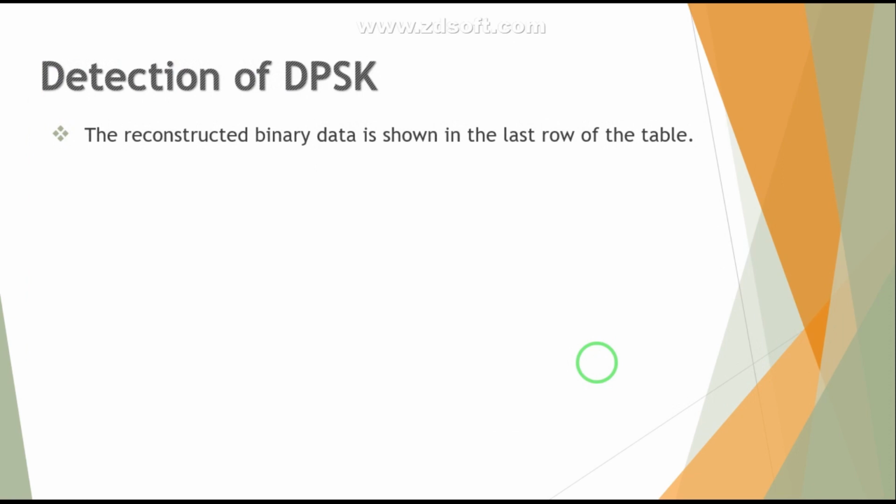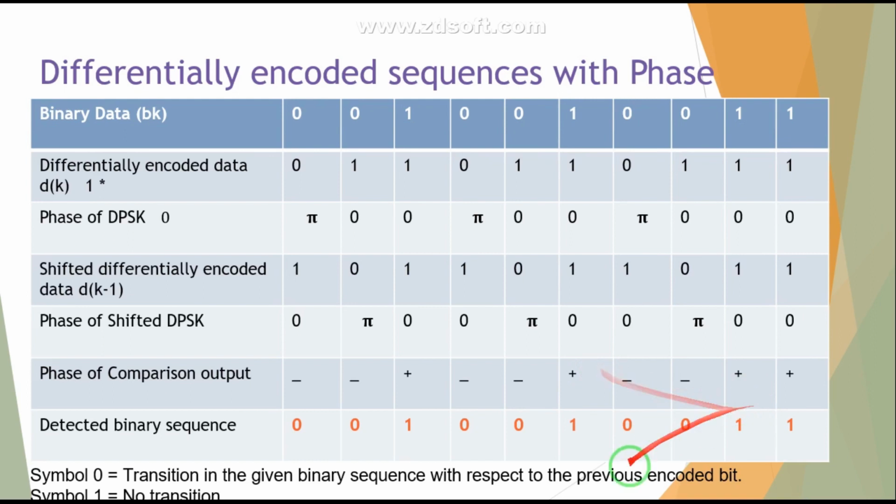Now the reconstructed binary data is shown in the last row of this table. So you can see that the phase comparison output is going to decide the detected binary sequence, that is the recovered signal, right? So minus is represented by 0, as I already told, and plus is represented by symbol 1.